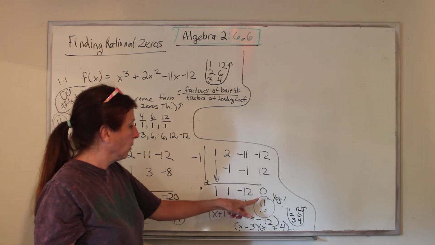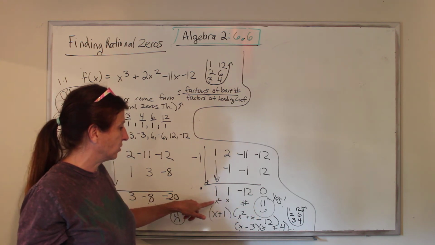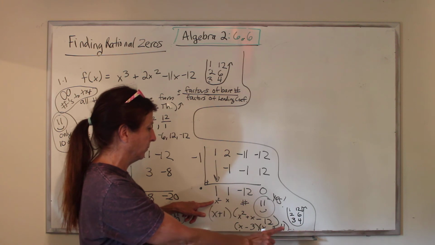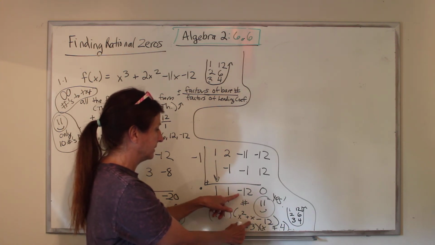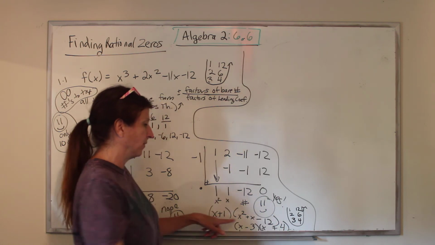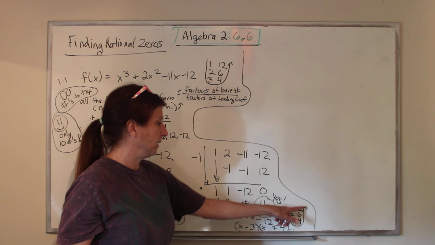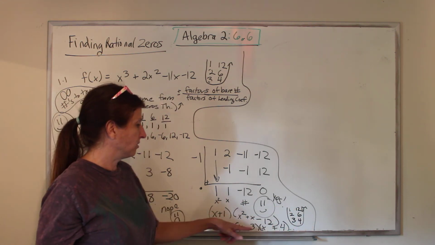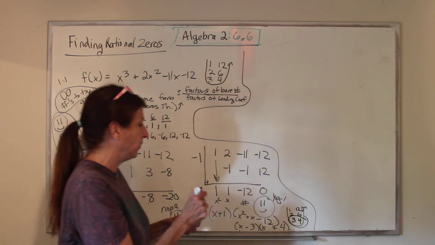And remember, we can put what it's being multiplied by. That's the bare number, that's the x term, and that's the x squared term. That's still the remainder. We don't do anything with it. So x squared plus x minus 12 is my other factor. But I can factor that. The factors of 12 are 1 and 12, 2 and 6, 3 and 4. Which of those could be added or subtracted to get 1? There's only 3 and 4.